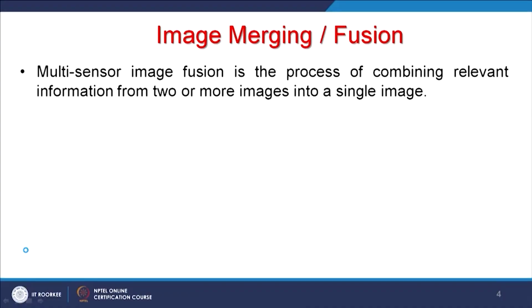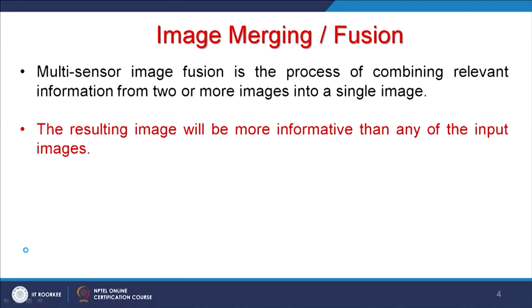So multi-sensor image fusion is the process of combining relevant information of the same area from two or more images into a single image. Now when we say two or more images, there may be a scanned map also, and that map we can treat as an image and merge with the other data sets.